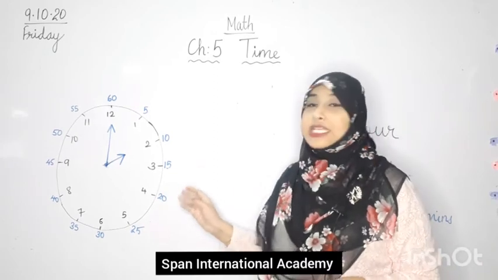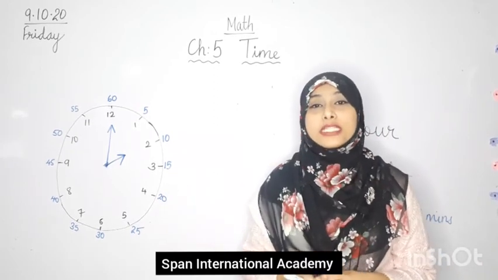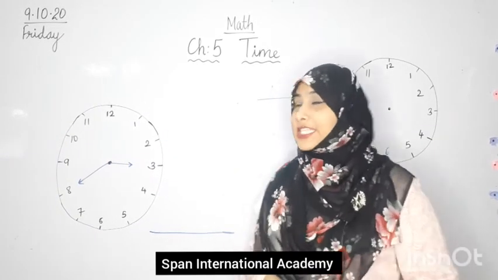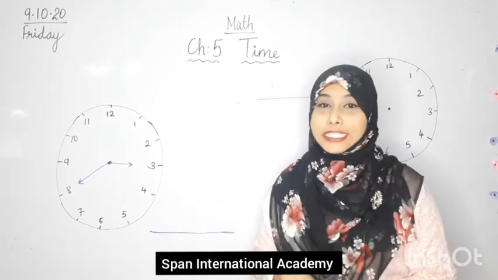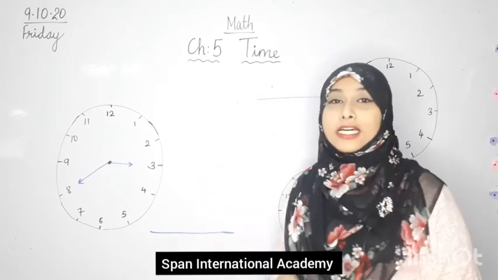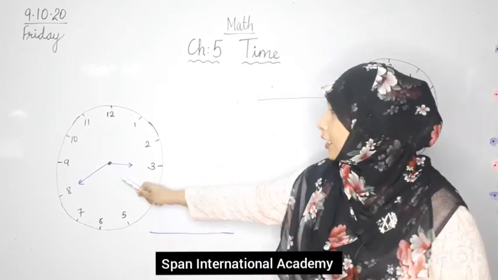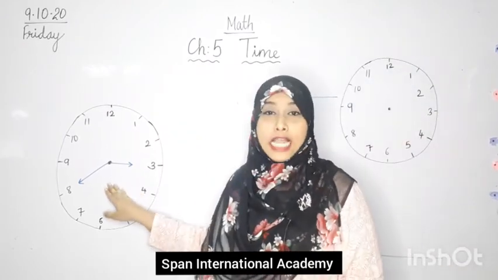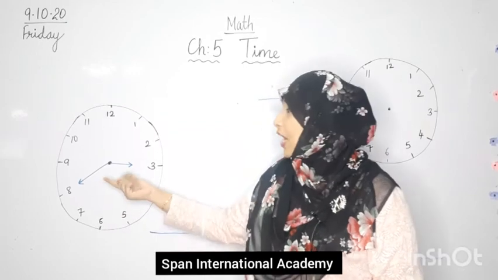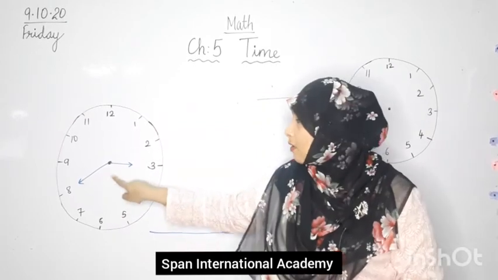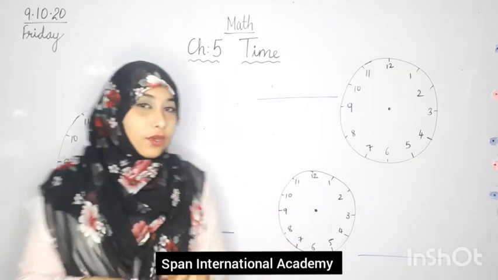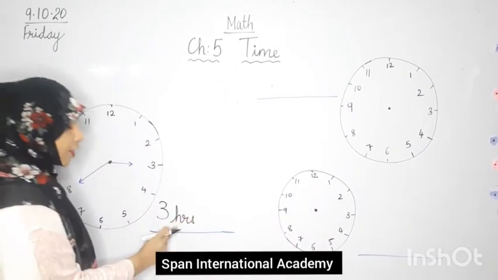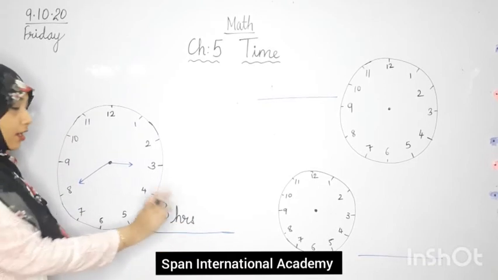Now we will see a very small exercise on how to read time including hours and minutes. So my dear friends, as I told you, we will be having an exercise on identify the time. Now here on this clock, okay, look over here. Can you all tell me what is the time? Where is the hour hand? It is on 3. So here we will write 3 hours. HRS is the short form for hours.